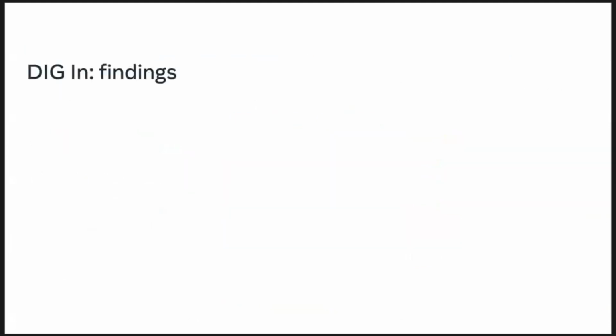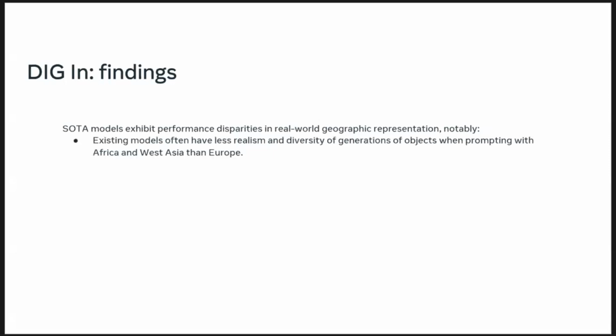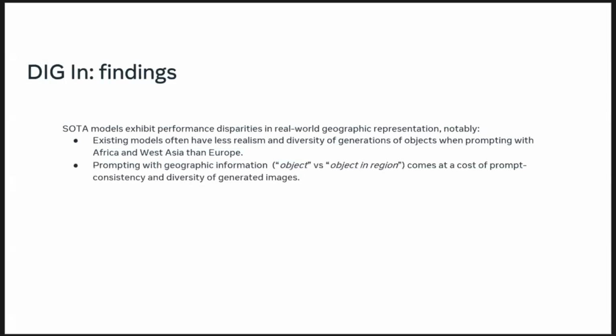And so what are the findings of computing these indicators on state-of-the-art models? So what we noticed is that state-of-the-art models exhibit performance disparities in real-world geographic representation. Notably, existing models often have less realism and less diversity of the generations when prompting the models with Africa or West Asia regions than when prompting the models with Europe.